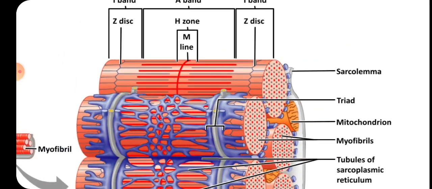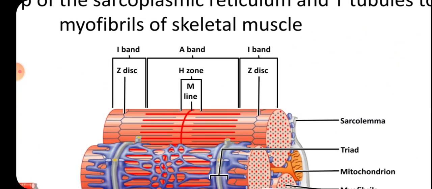When we come to explain, you can see that a sarcomere is from one Z disc to the other Z disc.